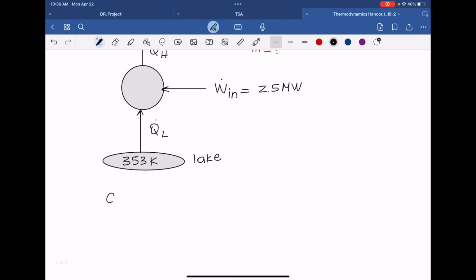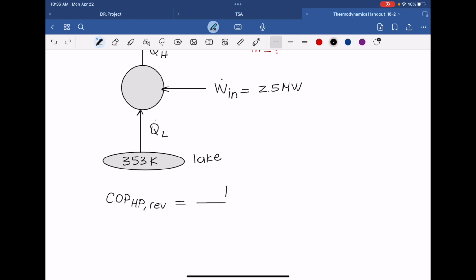So let's find the COP of the Carnot heat pump, which is reversible. We can find it from the temperatures of the reservoirs. I'm sorry, I didn't remember it.